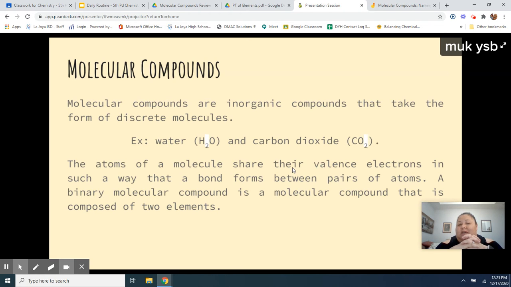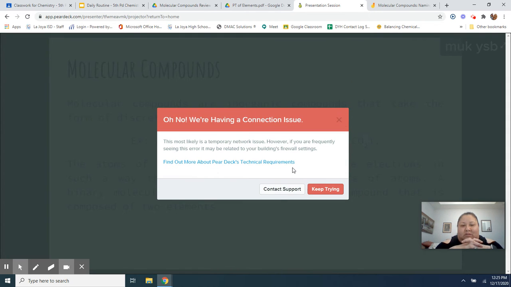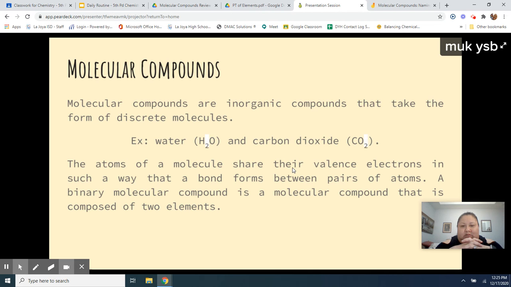The thing that makes these molecular compounds different than what we talked about on Tuesday and Wednesday is that those were ionic. There was a transfer of electrons from the metal to the non-metal. For these types of compounds, we are always going to be dealing with 2 nonmetals.